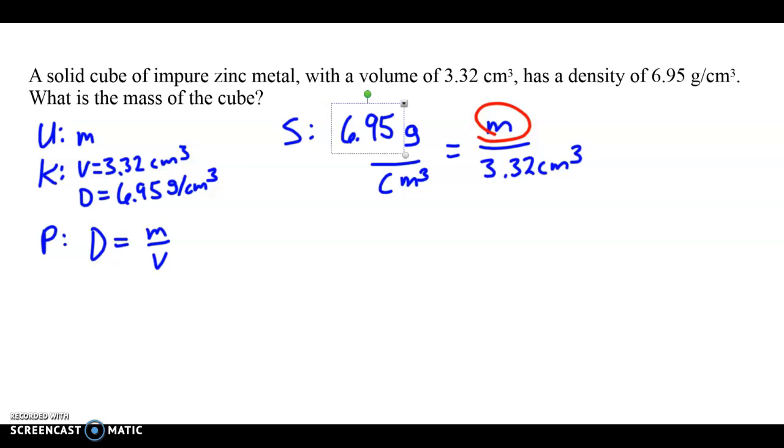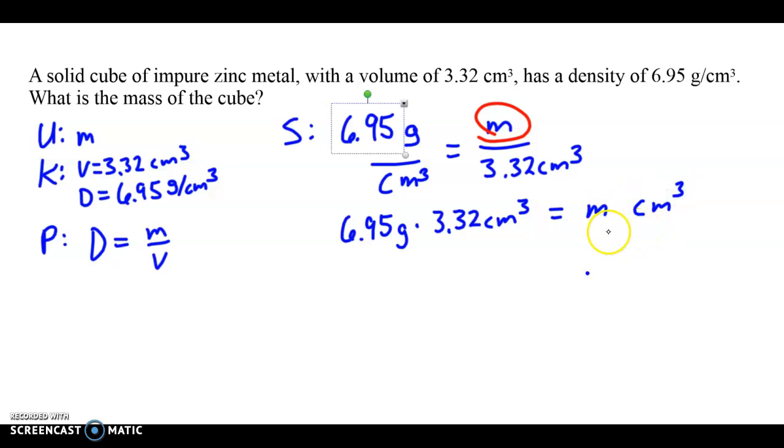All right, so to isolate M, that's what we want to solve for. To isolate M, let's try cross multiplying, and so that'll give us 6.95 grams times 3.32 centimeters cubed. And that's equal to M times centimeters cubed.